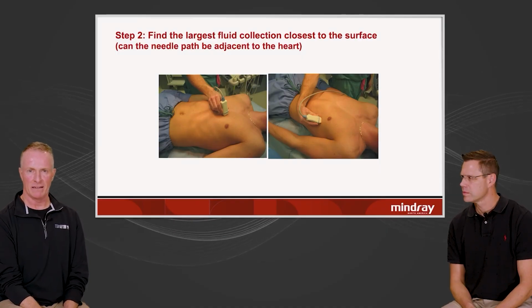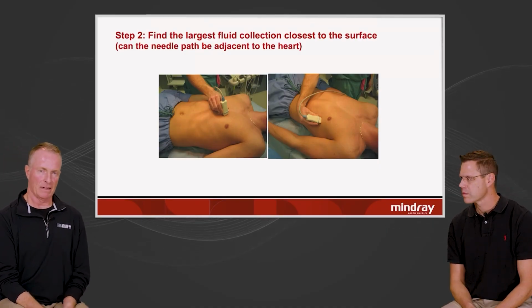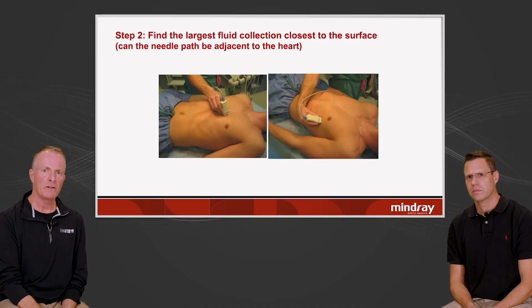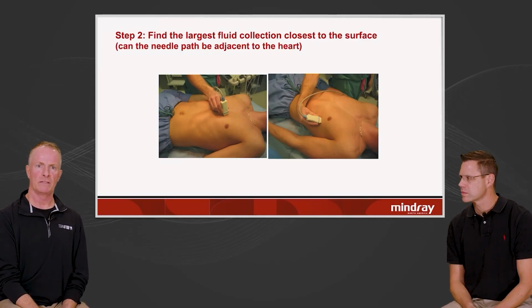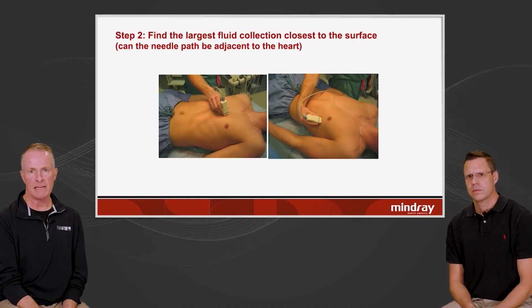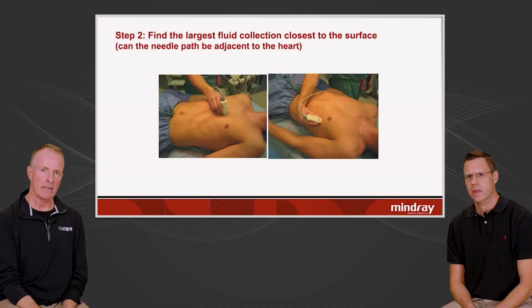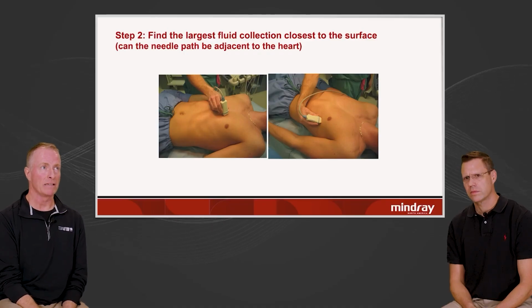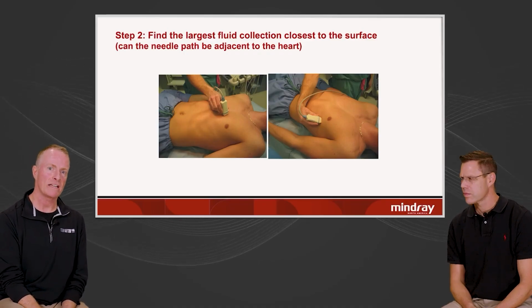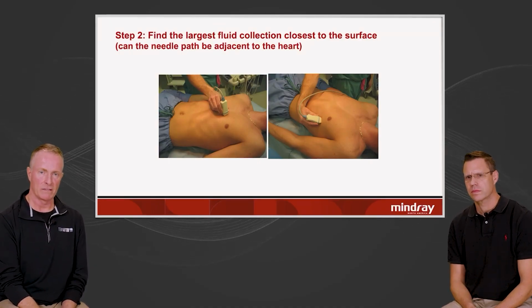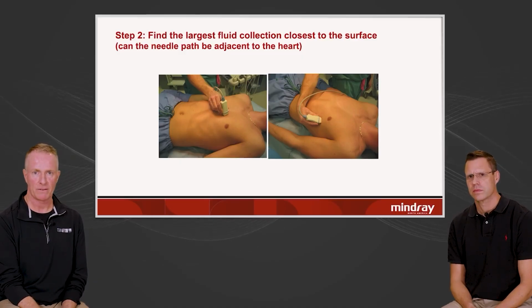When I used a phased array probe to do this, I would get an apical view, or somewhere between the apical and peristernal, where I could see that the effusion was fairly big and usually lateral, and I could put the needle medial on the chest, medial of the probe, and aim it into a space where my needle trajectory was not aimed right at the heart, but kind of skirting past the heart into a deep part of the pericardial effusion, so the trajectory wasn't aimed directly at the heart, if that makes sense.